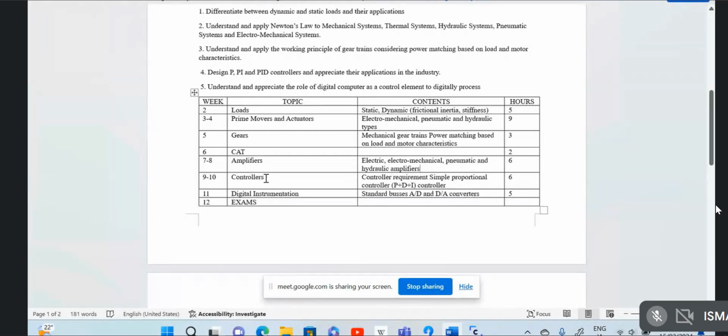Then we shall look at the controllers, the P, I, and D. Then the instrumentation of the system. Then we'll just look at the standard systems of analog to digital, then digital to analog converters.